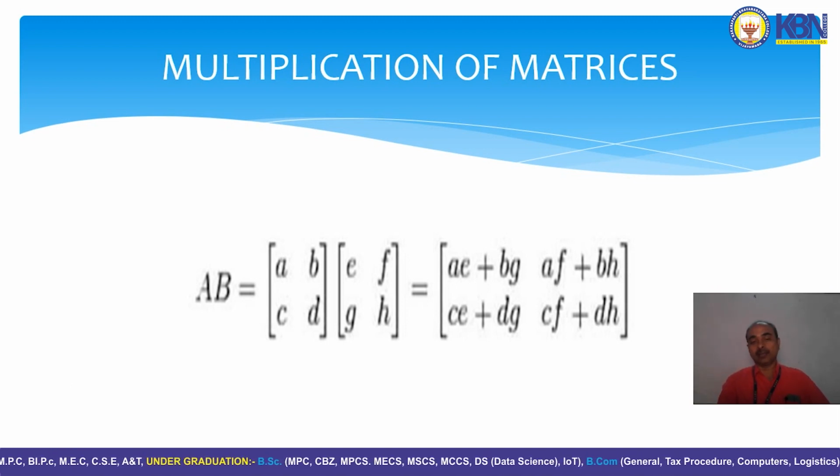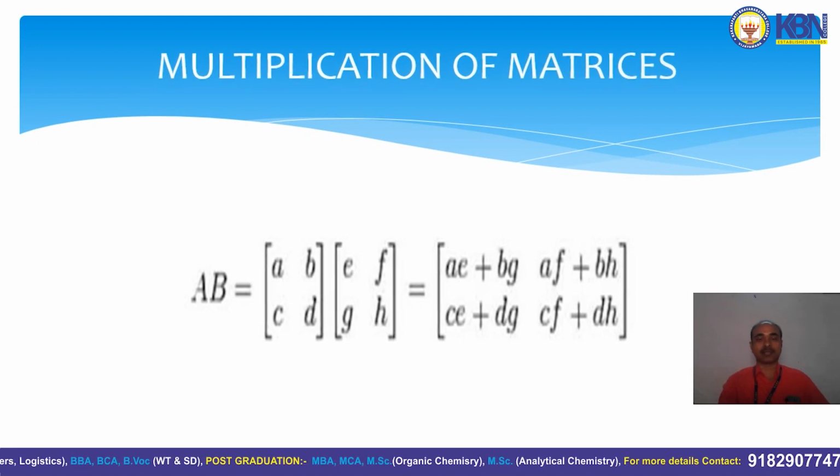Second row element must be multiplied with second column element, and both these should be added. AE plus BG, AF plus BH, CE plus DG, CF plus DH. This is for 2 by 2 matrices.